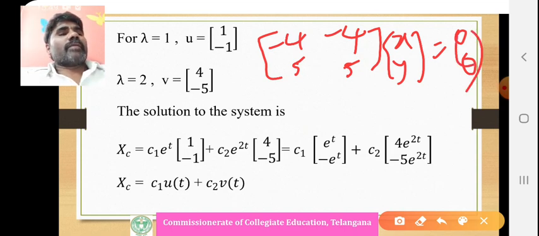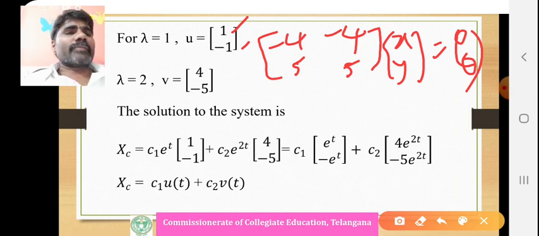This is nothing but minus 4x minus 4y equal to 0. 4 will be cancelled, x plus y equal to 0. That implies x equals minus y. That's why the eigenvector is 1 and minus 1, or minus 1 and 1. The eigenvector corresponding to lambda equals 1 is 1 comma minus 1 or minus 1 comma 1.